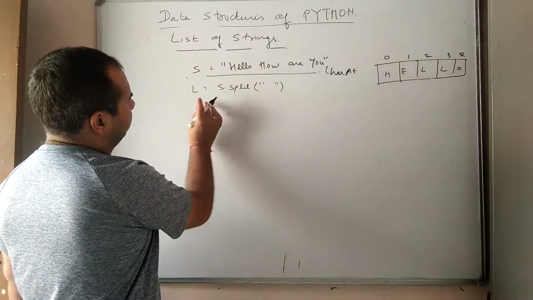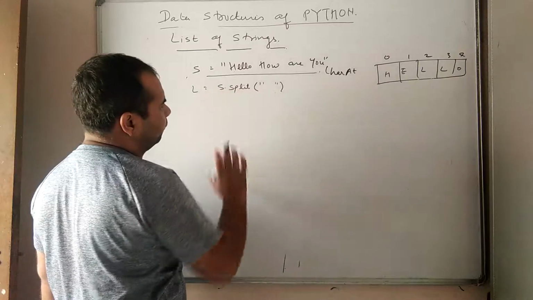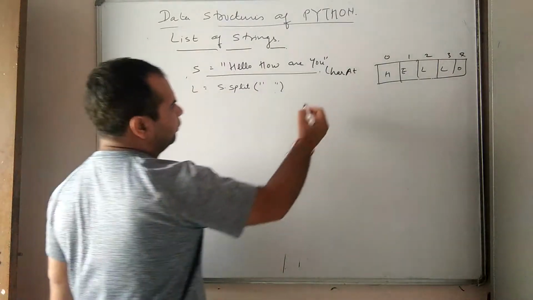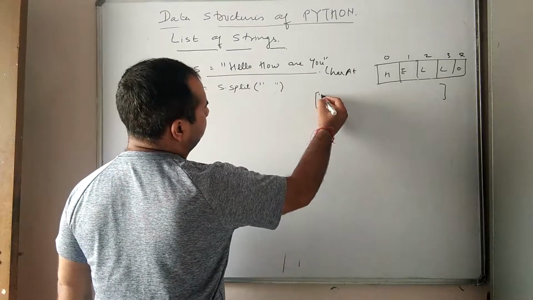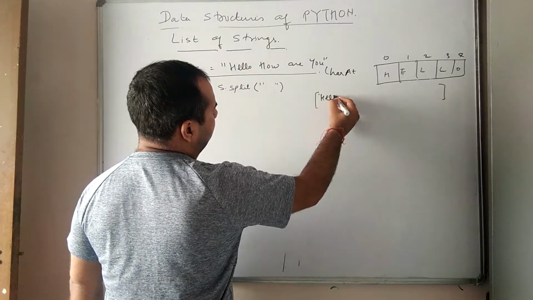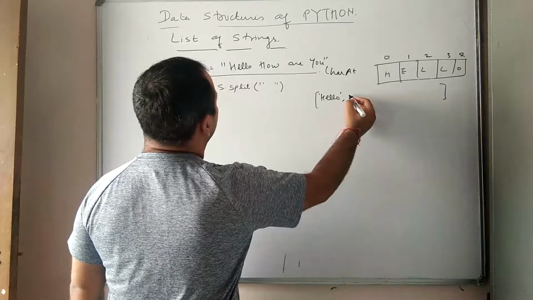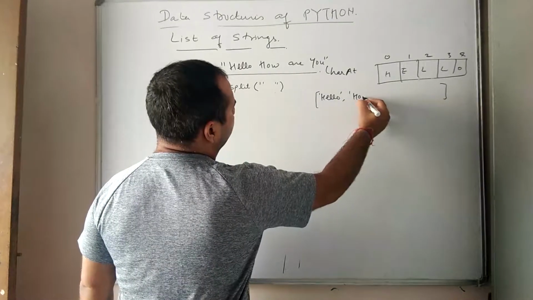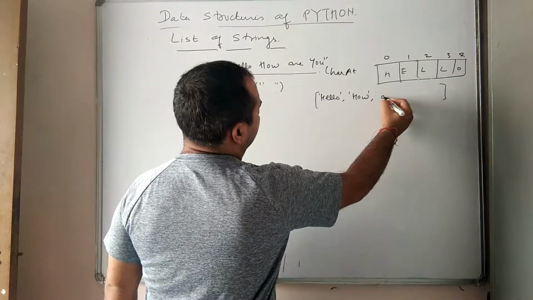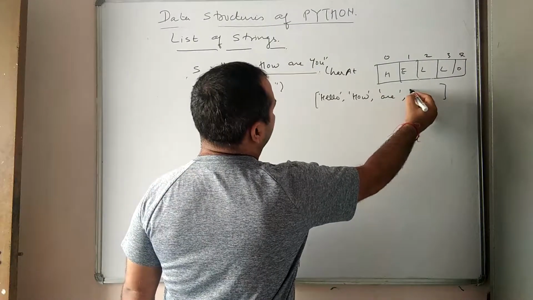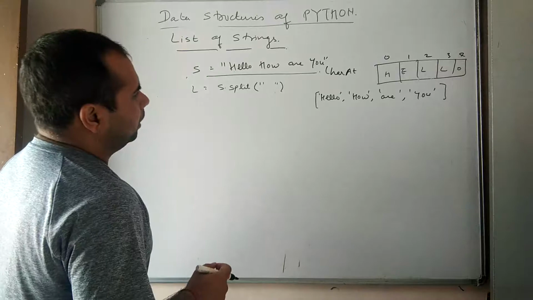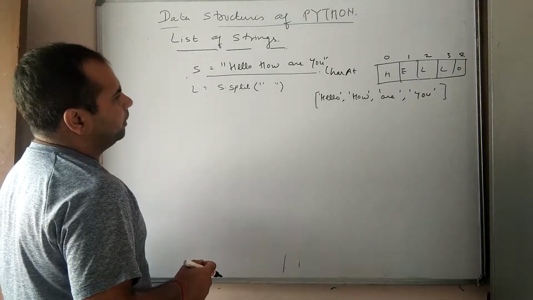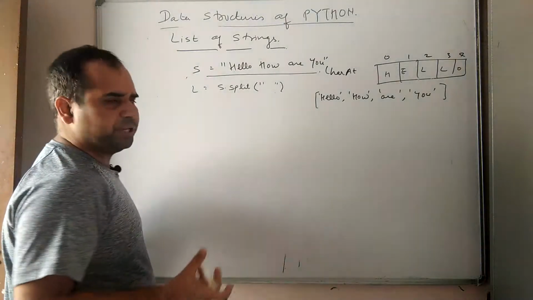It will create a list which we will not see, but the list will be something like hello, comma, how, comma, are, comma, you, right? Now if we want, we can see that also.